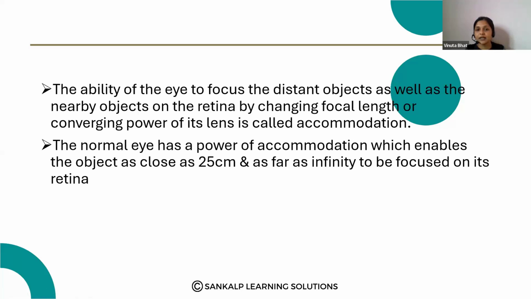So both objects are visible by the eyes. And a normal eye has the power of accommodation which enables objects from 25 centimeter as far as infinity to be focused on the retina. So this is the correct answer for this question. Please note down the question.